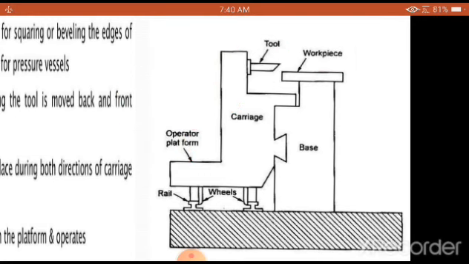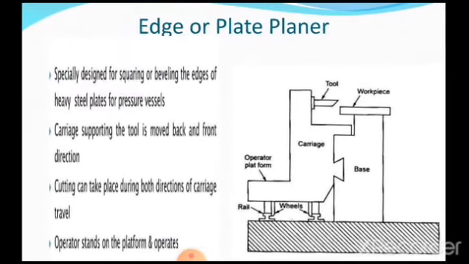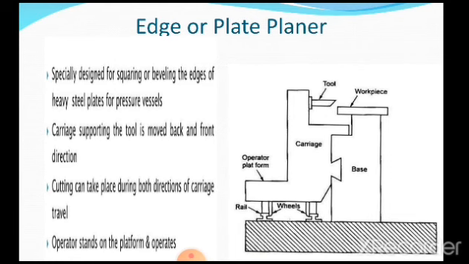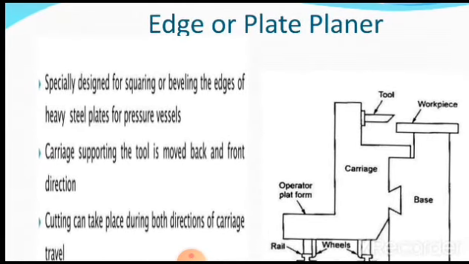Whenever I want to go for beveled machining surfaces, I am going to prefer the edge or plate planer. Such planers are used especially for machining or planing beveled surfaces on steel plates, especially those used in boilers. They are specially designed for squaring or beveling the edges of heavy steel plates for pressure vessels.